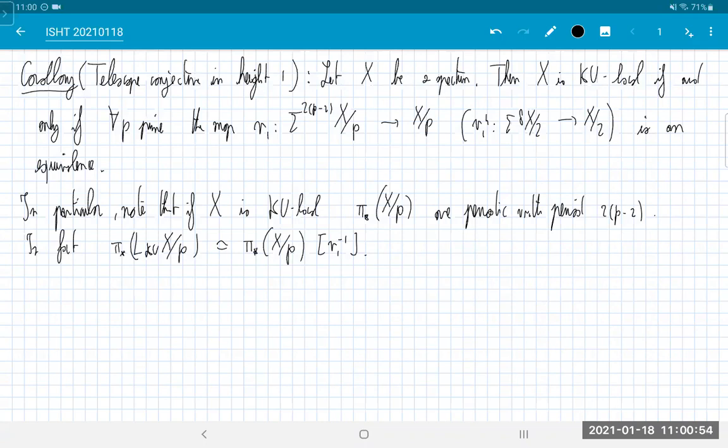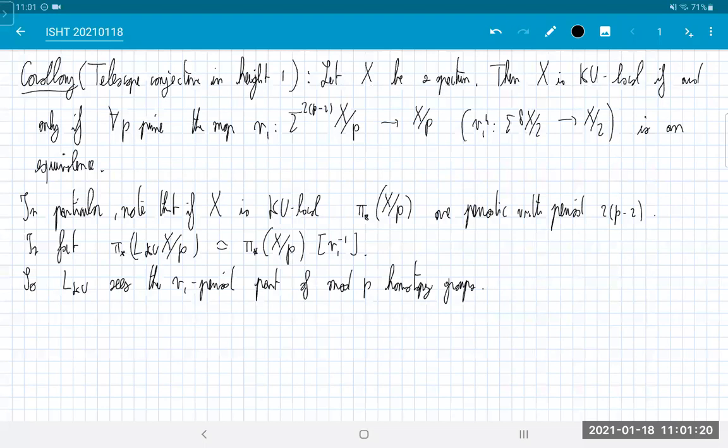So L_KU sees the v1-periodic part of mod p homotopy groups. And by the way, I'm saying it for homotopy groups, but of course it's true for homology groups for any homology theory. For example, the mod p homology of X is going to be v1 periodic.